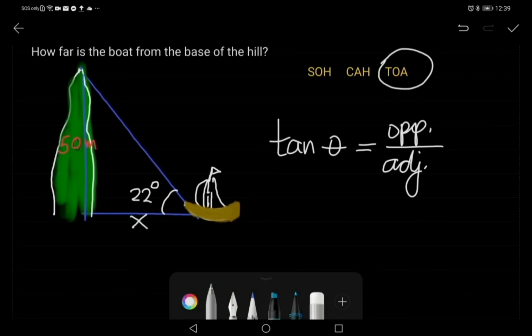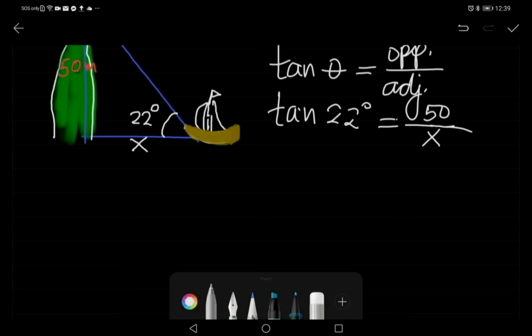Then we will substitute the angle. Tangent 22 degrees is equal to opposite is 50 over adjacent is x. So we will cross multiply. x tangent 22 degrees is equal to 50, because this is understood as over 1.